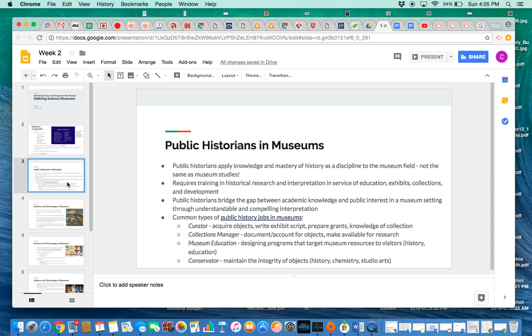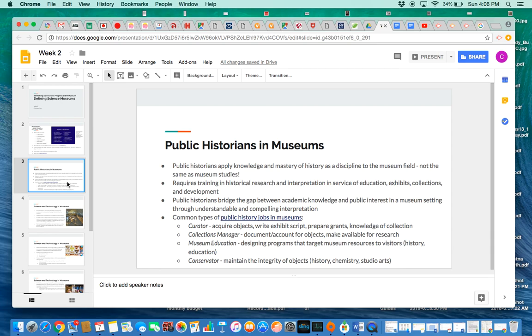And so there are a lot of different jobs that a public historian could do in a museum context. You could be a curator, you could create exhibits, you could also be in charge of collections, trying to account for the things that come into the institution, choosing which things are going to be accessioned, how to make these things available for researchers from inside and outside of the institution.